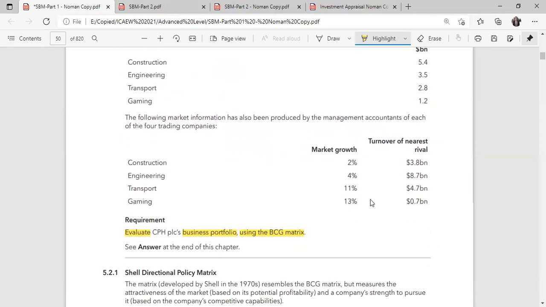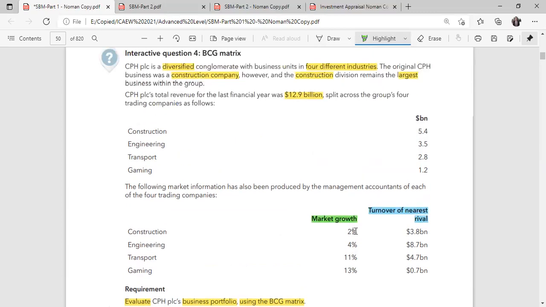So we have market growth and the turnover of the nearest rival. For construction, there is 2% growth and the nearest rival's revenue is $3.8 billion.